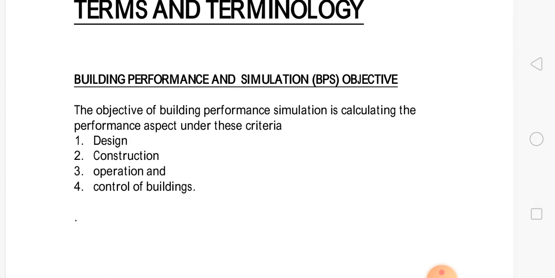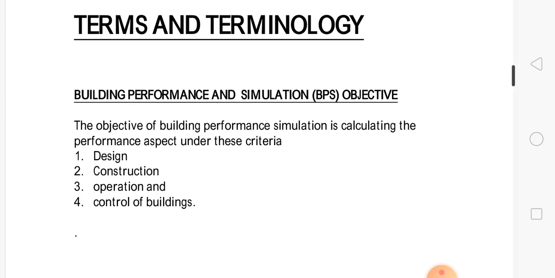Then, what are the objectives for building performance simulation and how do we do the building performance? The objective of building performance simulation is calculating the performance aspects under these criteria. So the aspects which we have discussed, like daylighting and thermal comfort, will be assessed under these criteria: design, construction, operation, and control of building.